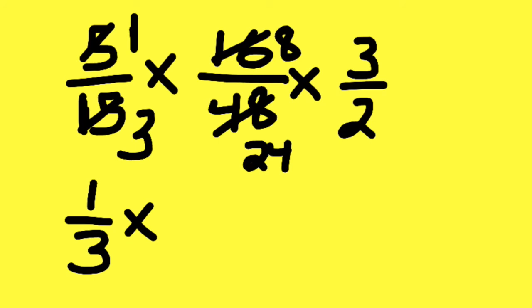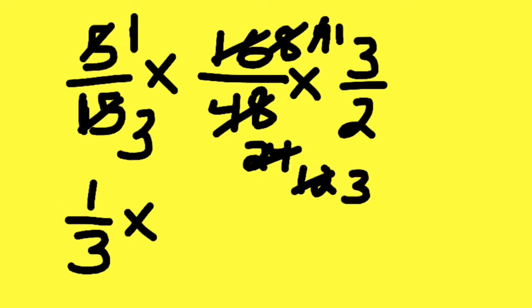So you can again do 8 divided by 2, which is equal to 4, and then 24 divided by 2, which is equal to 12. Now, 4 and 12 are multiples of 4. So you do 4 divided by 4, which is 1, and then 12 divided by 4, which is 3. So you get 1/3 times 1/3.